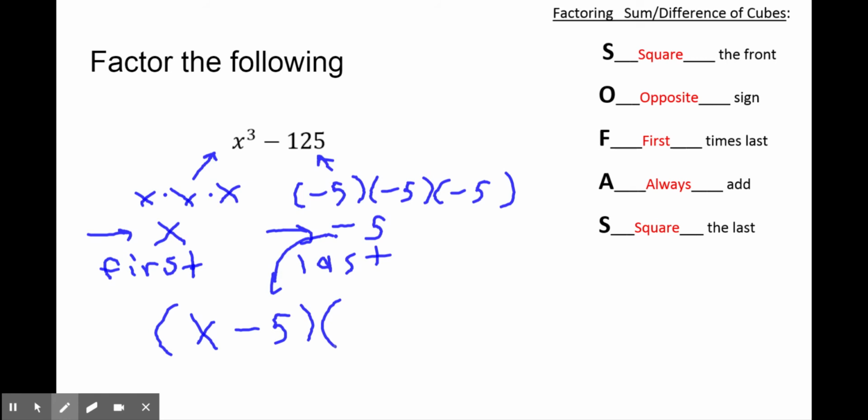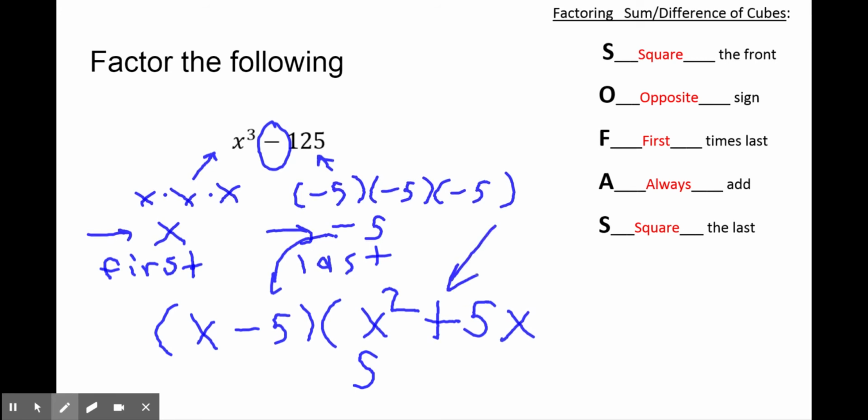Then the SOFAs method is square the first, x times x is x squared. Opposite sign, then 5 times x, so first times last. You're still going to keep the sign from whatever O was, the opposite sign.